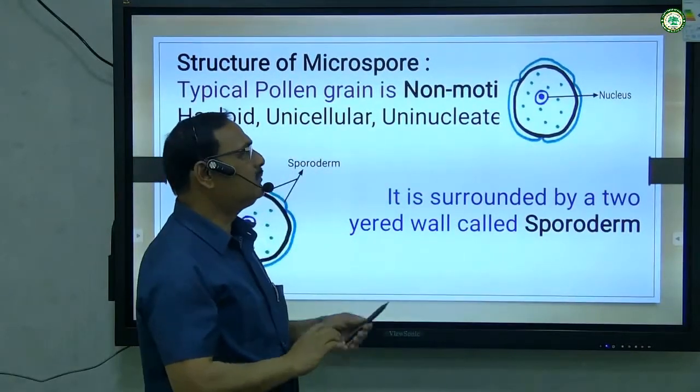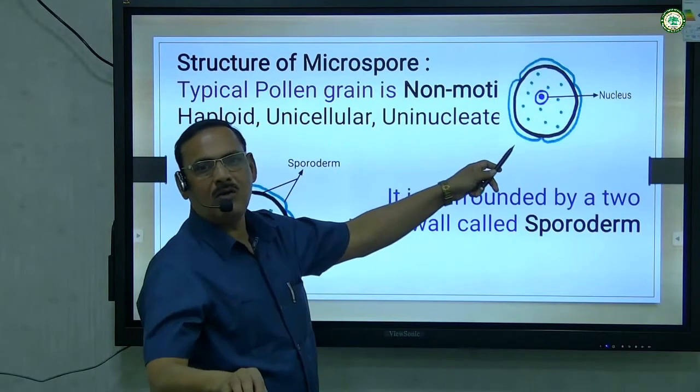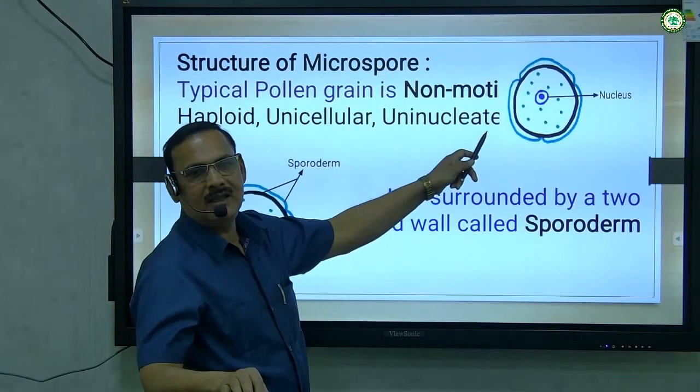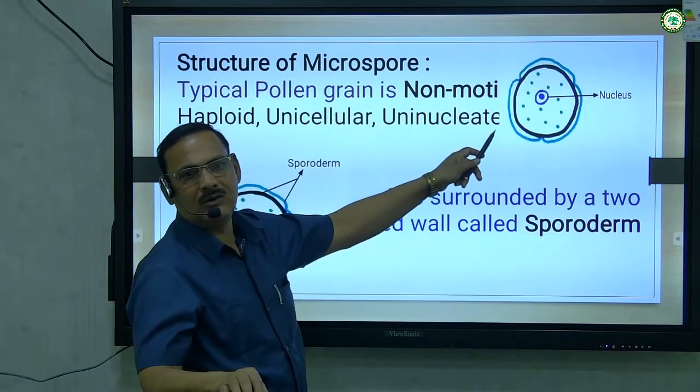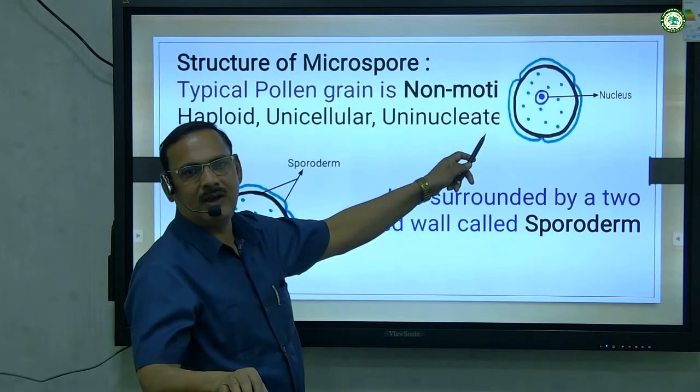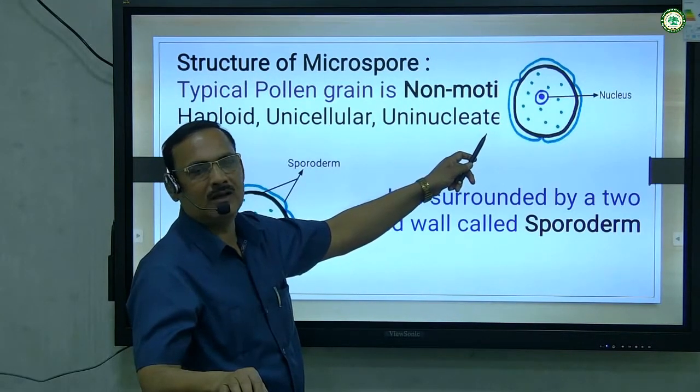Then these pollen grains are said to be non-motile. Non-motile means they cannot travel on their own, so they require agents like wind, water, or insects. So they are called non-motile.